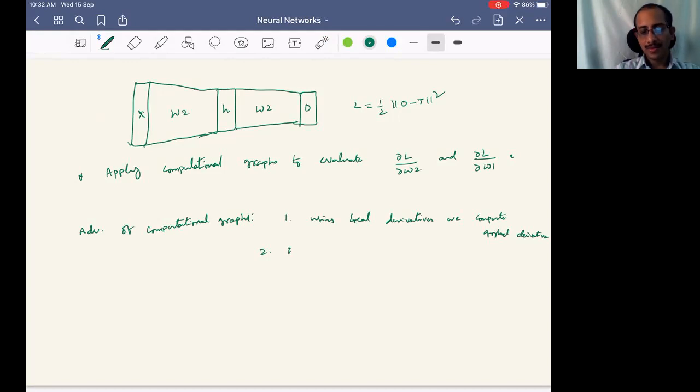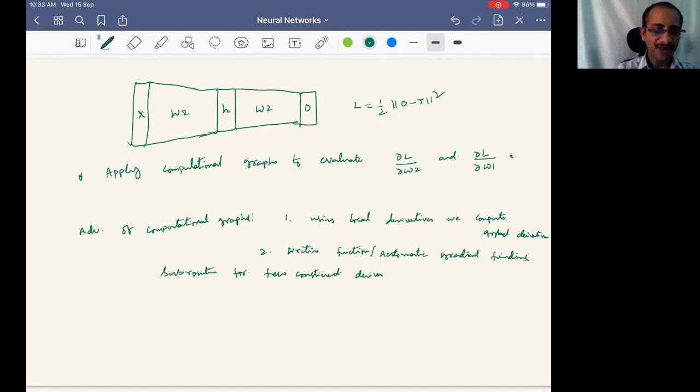say with writing functions or automatic gradient finding subroutines for a few constrained functions.